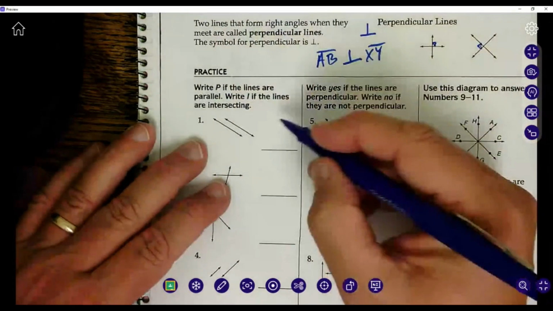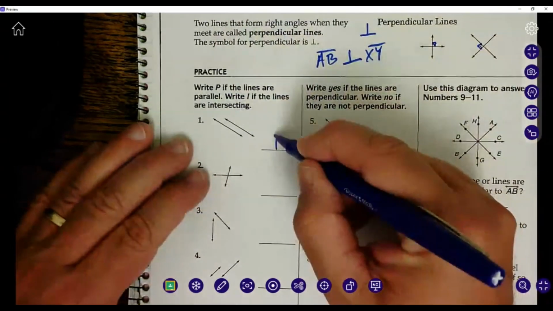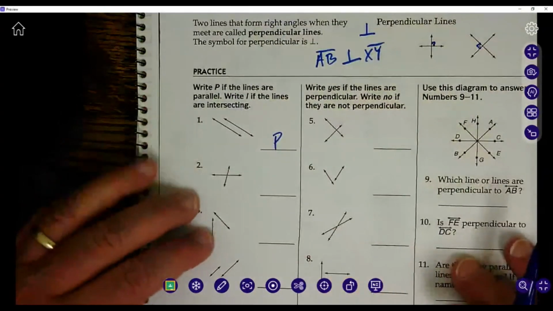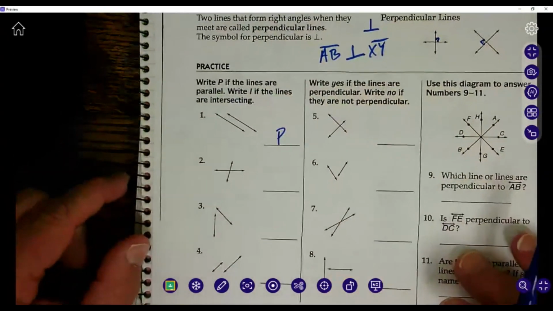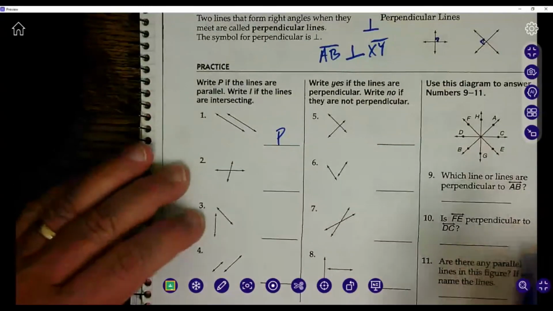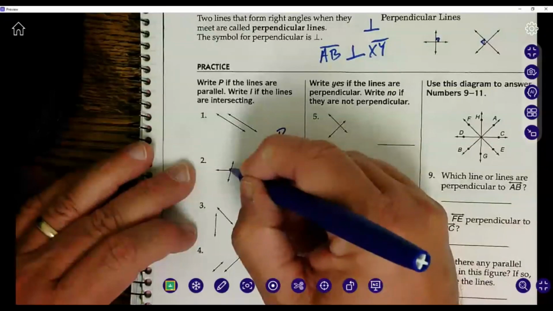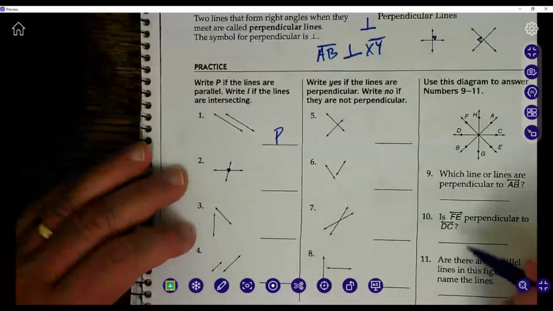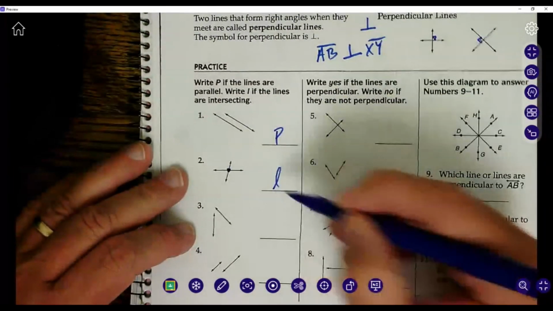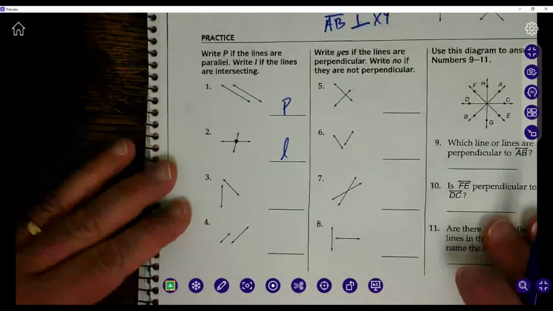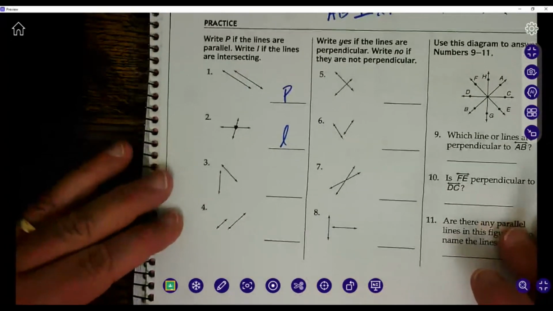In this case, the answer is no. So those lines would be parallel. For number 2, we can see that the lines do intersect. There's an intersection point. And so we need to write L for the fact that they intersect.